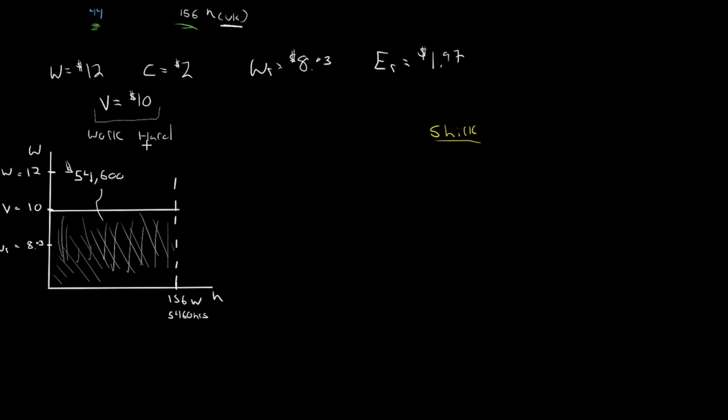Let's take a look at what the alternative may be. So again, let's do the same kind of diagram here. We have her wage, we have her time horizon. Her time horizon is 156 weeks or 5,460 hours. Again, let's draw that line up so we can visualize where that would be.